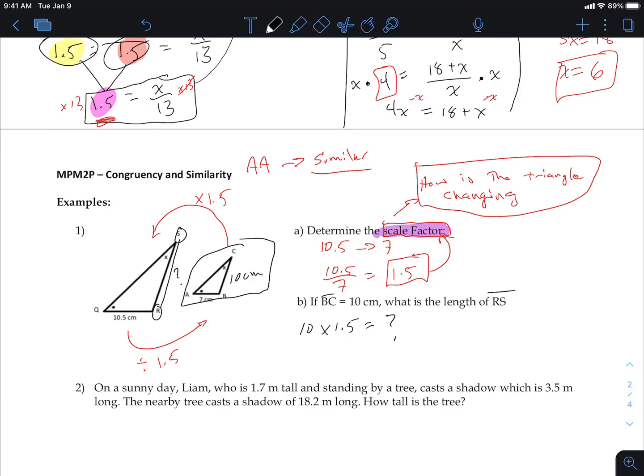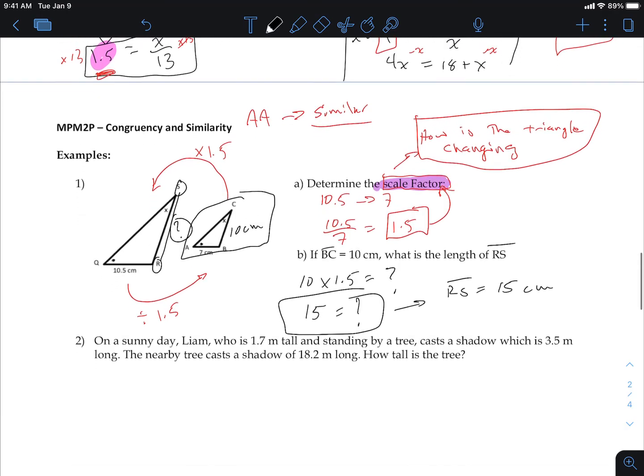That's what I'm looking for, this question mark. So you can say, okay, well, what is 10 times 1.5? I could type it into my calculator, or you could know that it's just 15. So then you can say, okay, RS equals 15 centimeters. Okay, this is kind of like the two-step process where, in the top part, I figure out what the scale factor is. This is one way to do this. Okay, well, I'll change it up in the bottom question here in number 2.